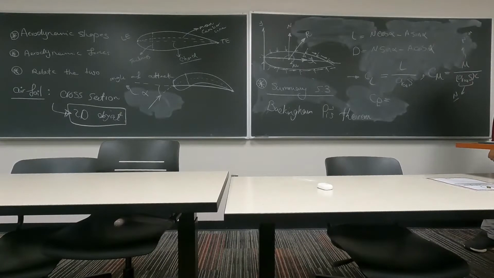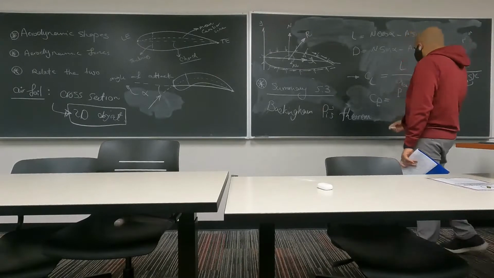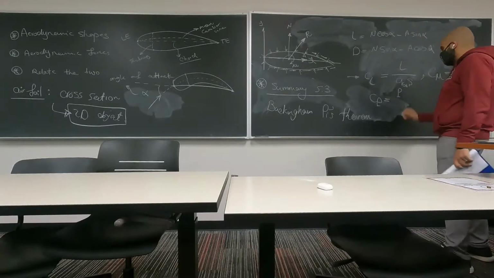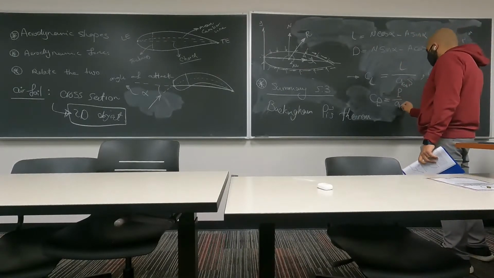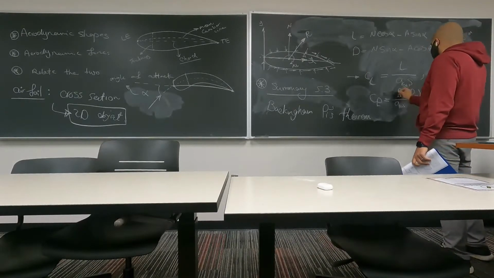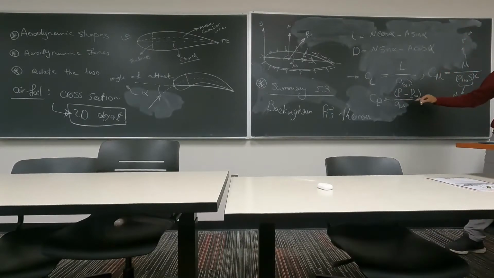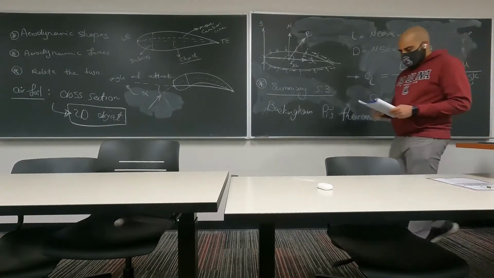Pressure over... That's it, right? Exactly. But we usually deal with the pressure differential, right? How different is this pressure from the P infinity? That delta P is the determining factor, an important factor for us in this type of analysis.